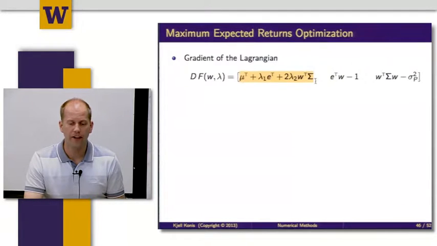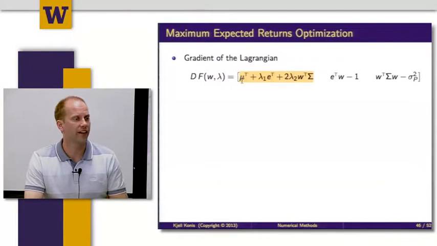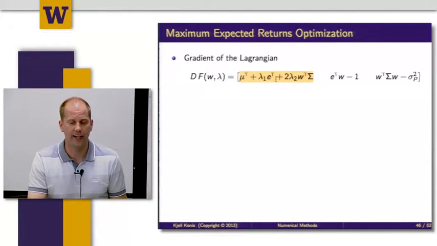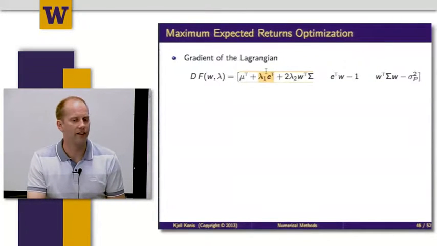So what is the dimension of this? Well, mu is a vector of expected returns, and there's one expected return for each asset. So mu transpose is just going to be a row vector of n elements. Then I have lambda 1, which is a scalar value.